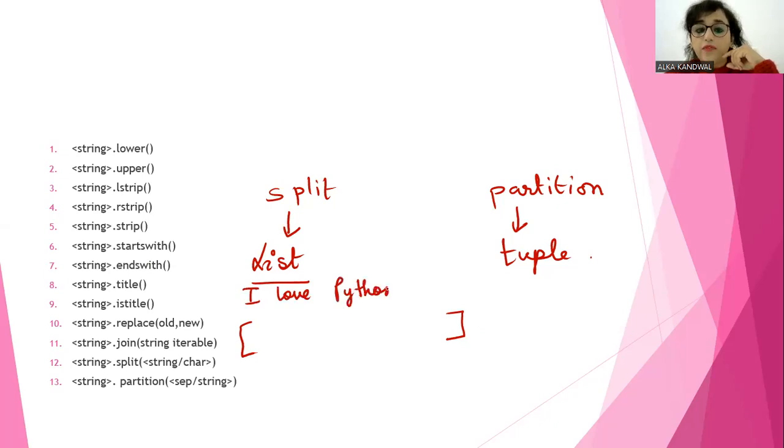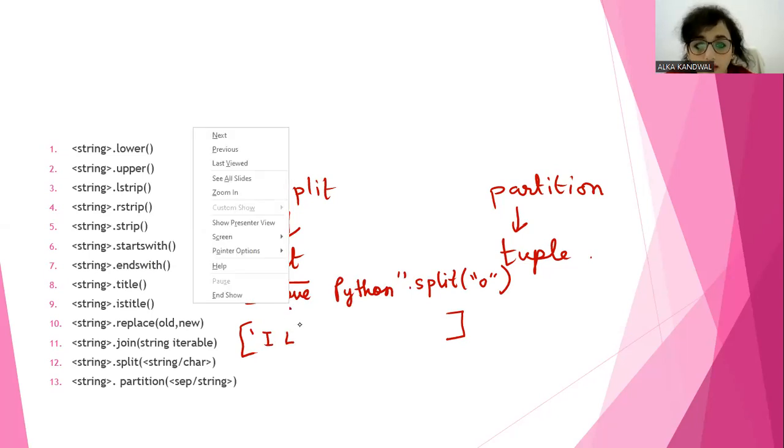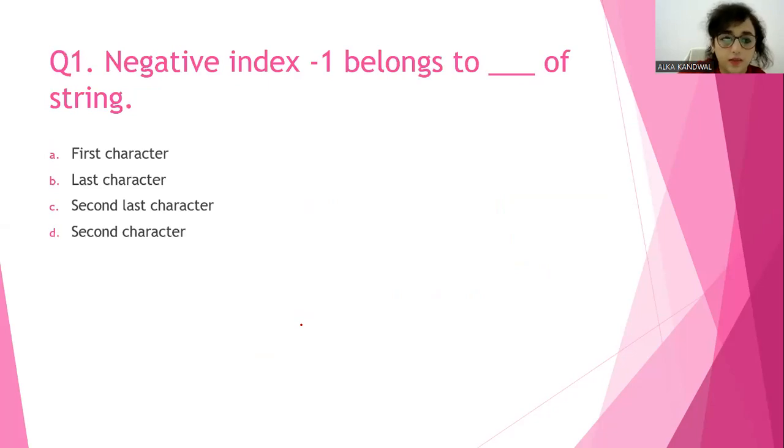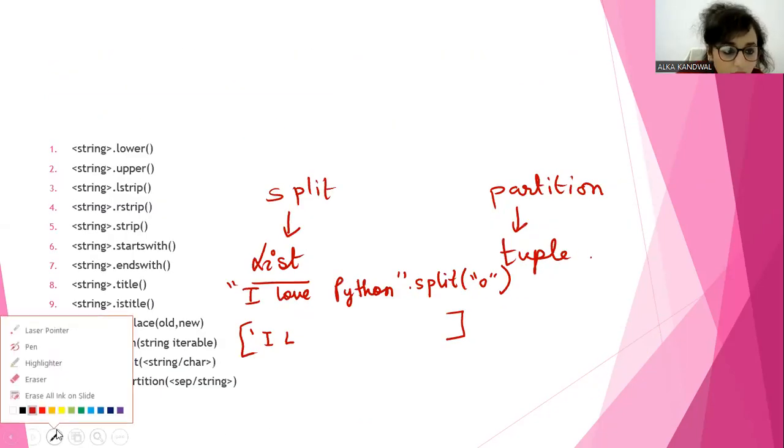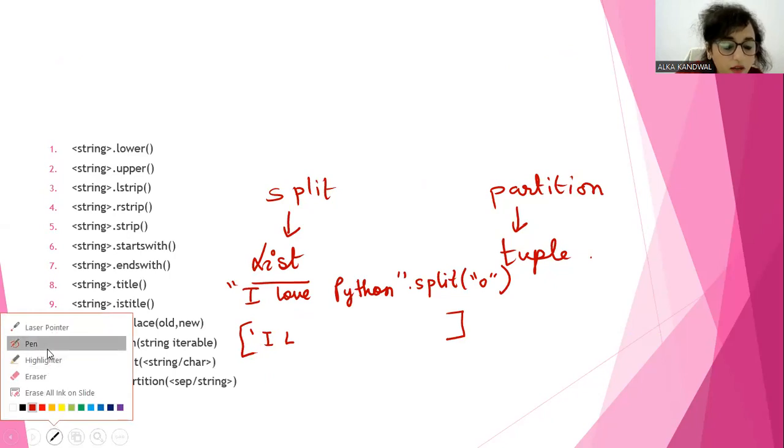Okay, and if I write I love Python dot split O, ठीक है, तो क्या होगा? मतलब इसका आउटपुट ऐसा होगा I L और यहाँ पे O आ गया, तो अब ये क्या हो जाएगा? Just wait. What will happen then? I think most of you have got the logic.